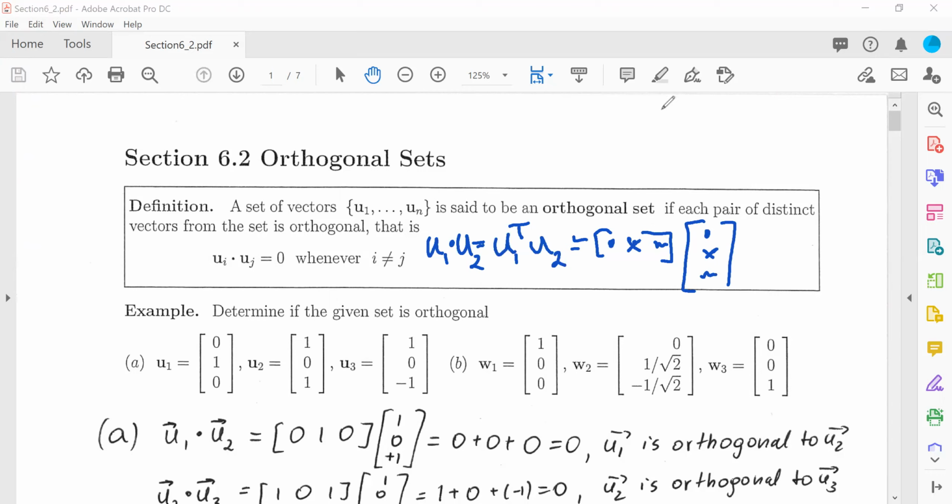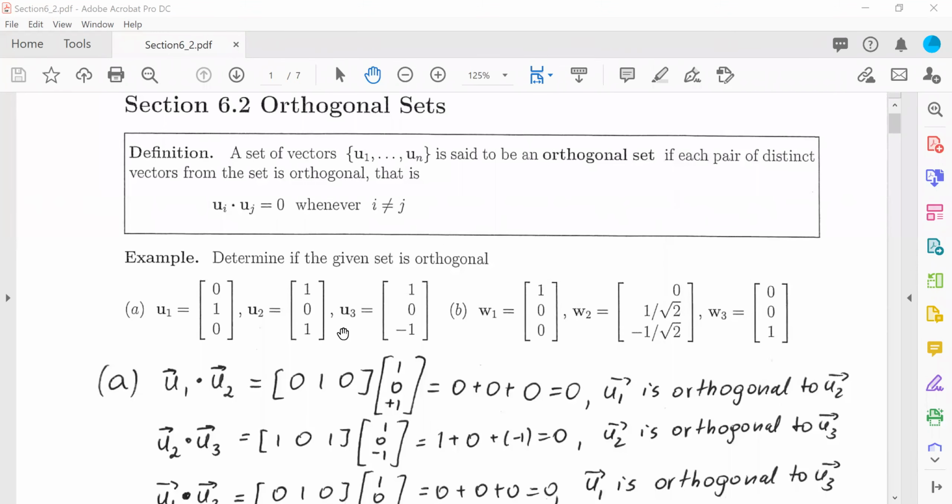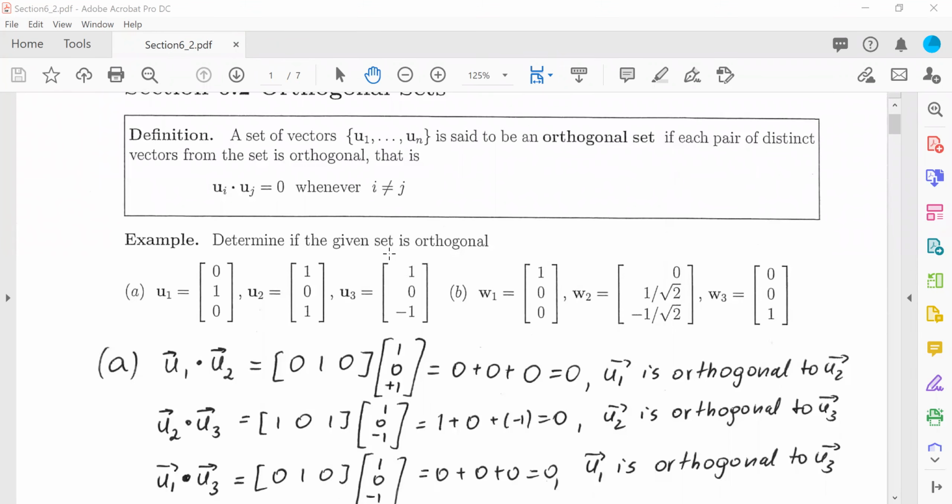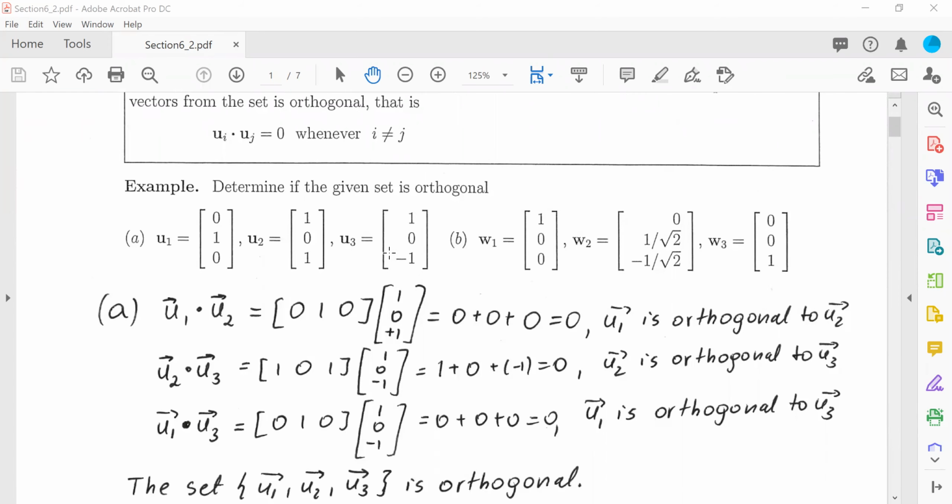So we have an example: determine if the given set is orthogonal. For the first part, A, we need to check if each two vectors are orthogonal, that means if they are perpendicular. To check if two vectors are orthogonal, we check the dot product. So we have vector u1 dot product u2.